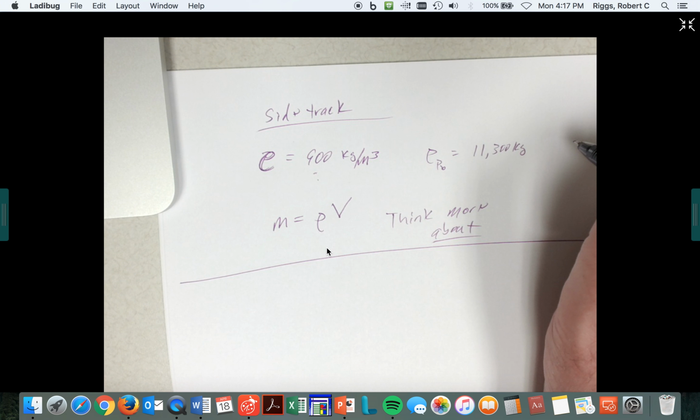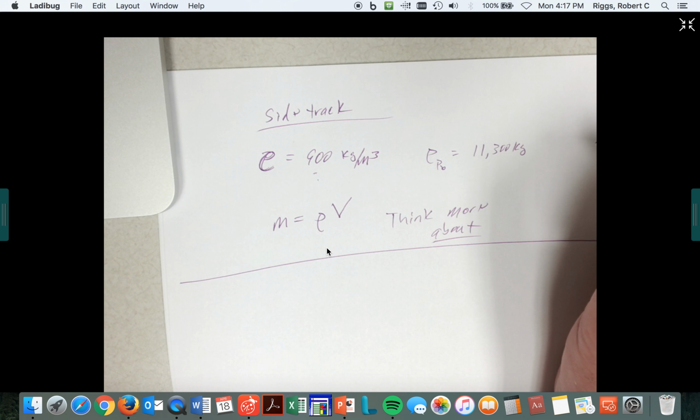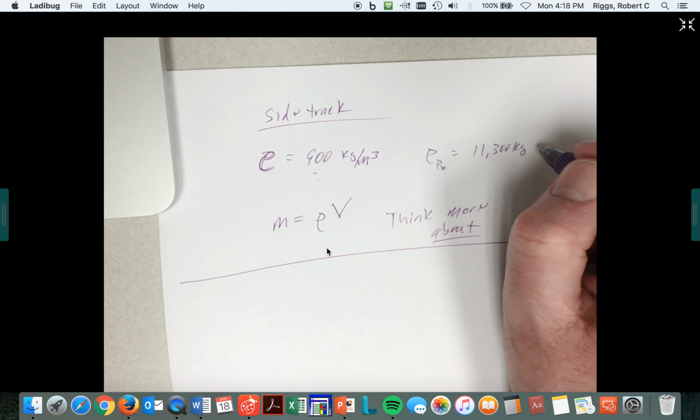It's 11 times more dense than water, and it's like 10,000 times more dense than air. So I'm going to have to fill it with air, with hot air, with helium. See if I can make a helium balloon, and I have to figure out what the density is. That is such a fun problem.